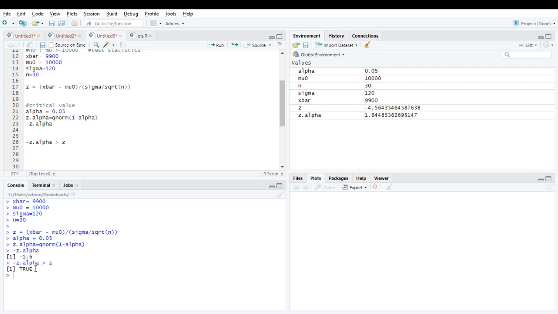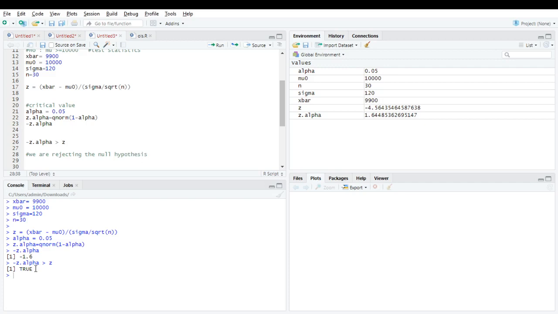So hence we will reject the claim that the mean lifetime of a light bulb is over 10,000. Okay, so we are rejecting the null hypothesis.